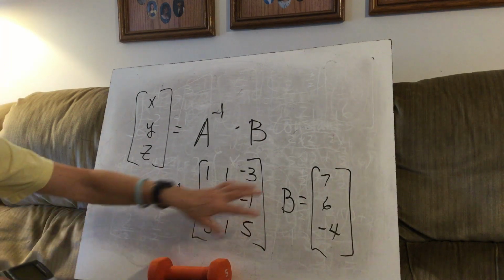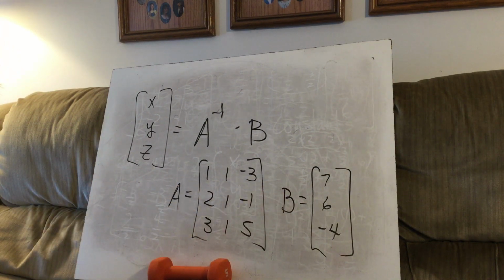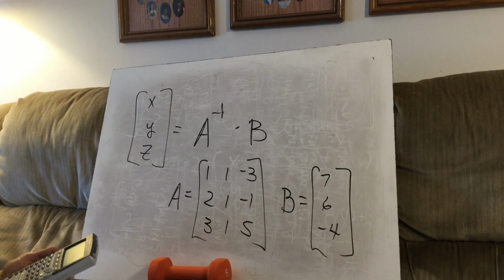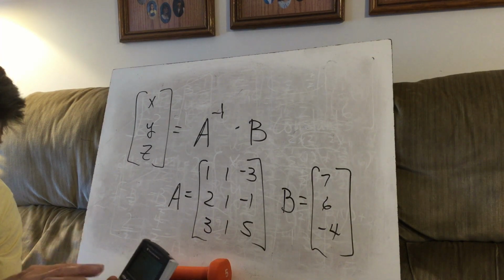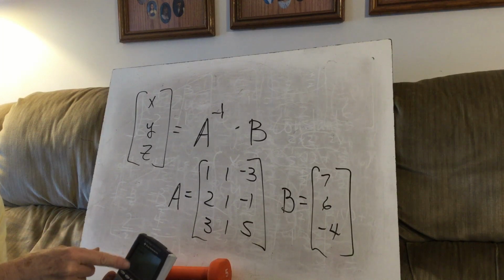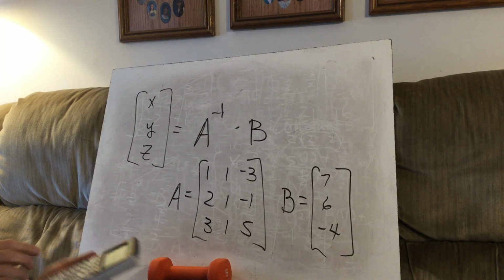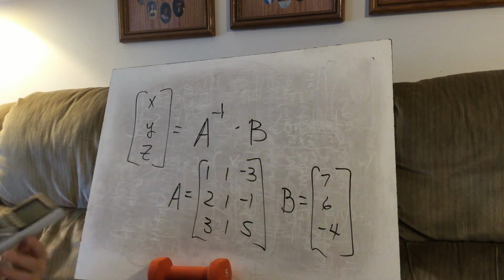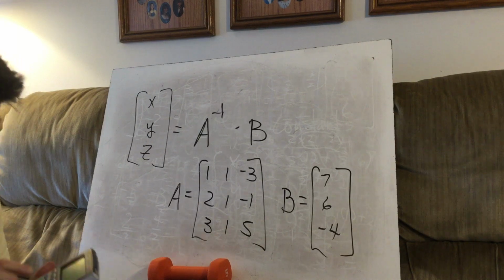What are the dimensions of matrix B? 3 by 1. Perfect. 3 by 1. So as soon as you put in 3, enter, 1, enter, it'll set up your matrix. And just type in 7, 6, -4. And now matrix B is in the calculator. So second quit.